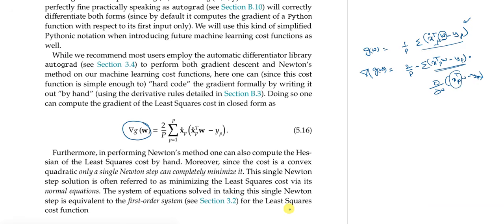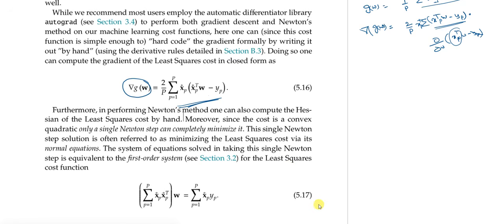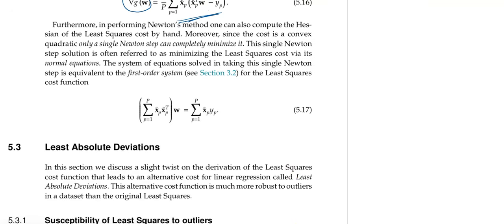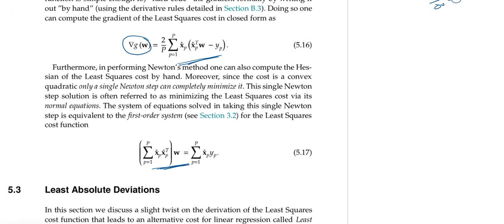That's the reason x_p transpose we wrote here. Why was the transpose not taken? If you expand that equation, you may get it. Similarly, this one is further simplified here. Since this is equal to 0, we make this equal to 0.